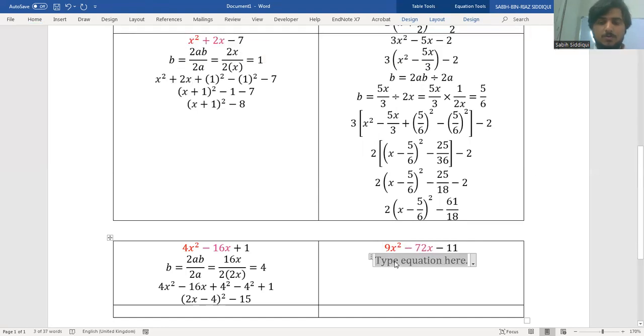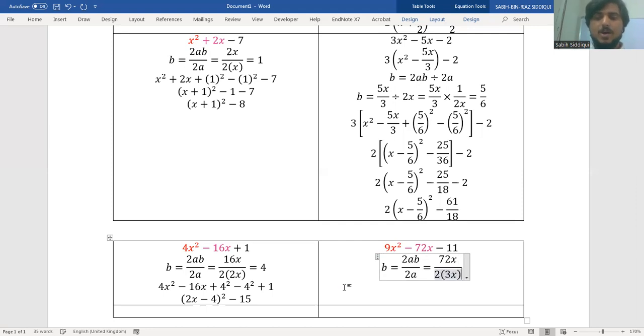So how do we figure out b? We take the 2ab and we divide it by 2a. 2ab in this one is 72x. We divide it by 2, and a will now be 3x. Why? Because I'm considering the entire 9x squared as my a square.